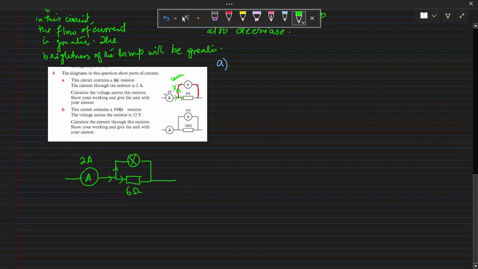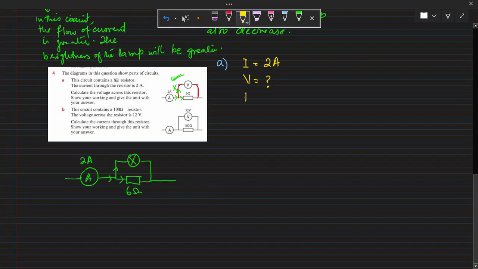Now in this question, the diagram contains a 6 ohm resistor. The current through the resistor is 2 ampere. Calculate the voltage across this resistor. First of all, you have to make the data. The current is known to us, which is 2 ampere, and the voltage across the resistance is unknown.